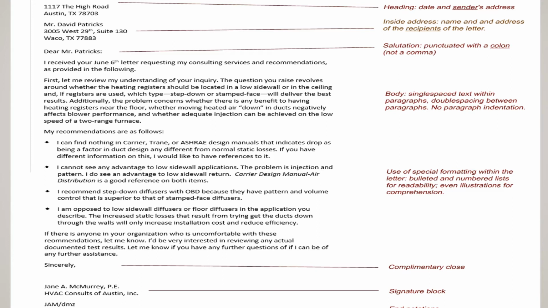The other trick, if you want to capture your reader's attention, is to be conversational when appropriate. Of course, it's business, and some people really want to get straight to the point, and we talked about conciseness. But remember, letters are read by people. They aren't robots.